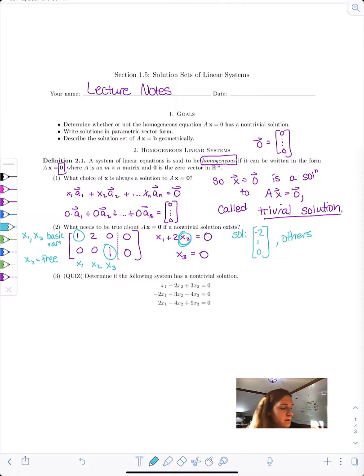We have one solution for every possible choice of x2. So ultimately what needs to happen is we need at least one free variable. Another way to think about this is we need at least one column of A that doesn't have a pivot position.